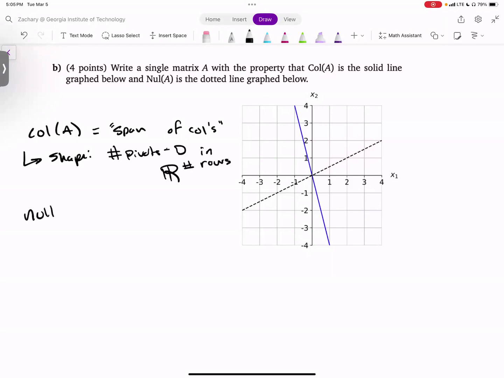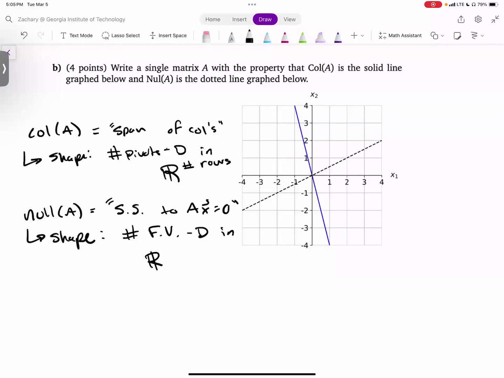And likewise, null A is our new word for the solution set to Ax equals 0, or the homogeneous solution. And the shape will still follow like we have for our solution sets before, which are number of free variables dimension in R to the number of columns.